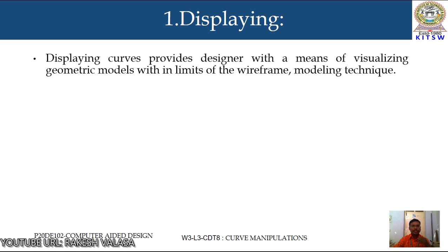Displaying means showing the image on the screen. It's showing points, lines, or curves, or surfaces, or solids, any object, on the display. Displaying curves provides a designer with a means of visualizing geometric models within the limits of the wireframe modeling technique.